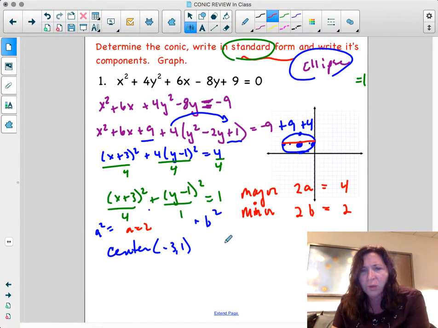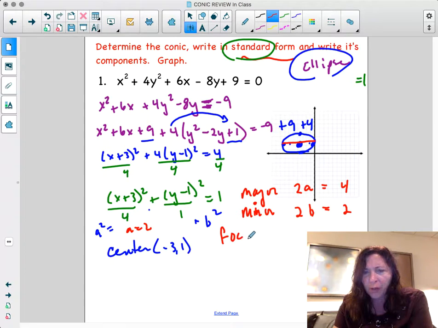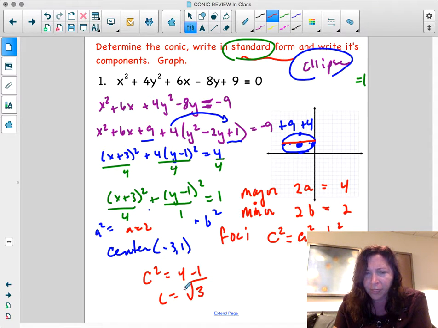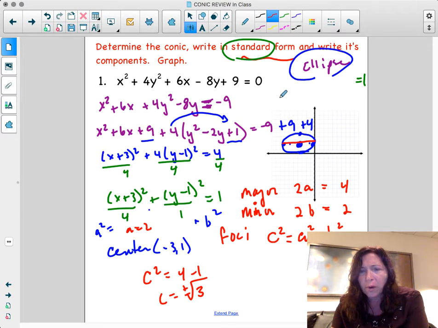You also need the values of your focal points. For an ellipse, c squared is equal to a squared minus b squared. So c squared is 4 minus 1. So c equals plus or minus the square root of 3. Remember that if your center is not at the origin, then you need to add this value to the center.